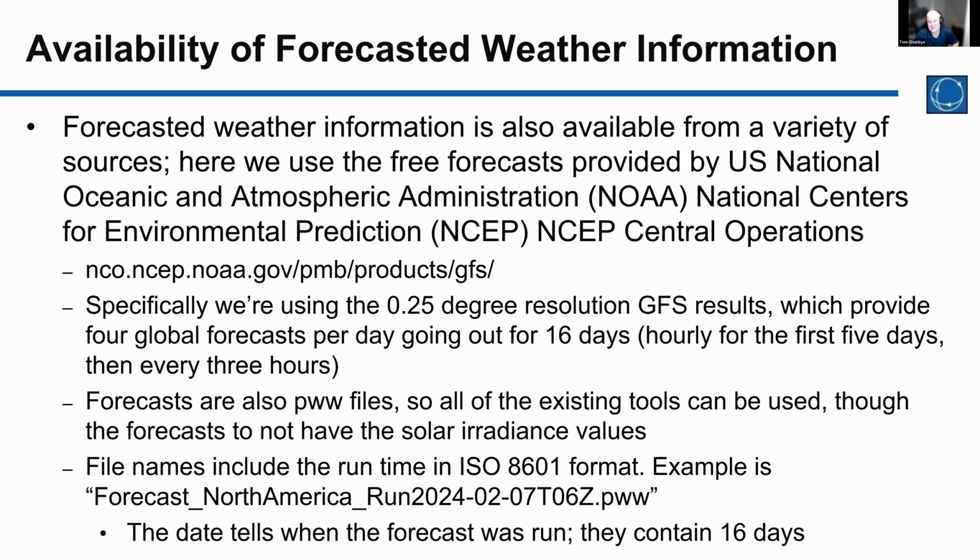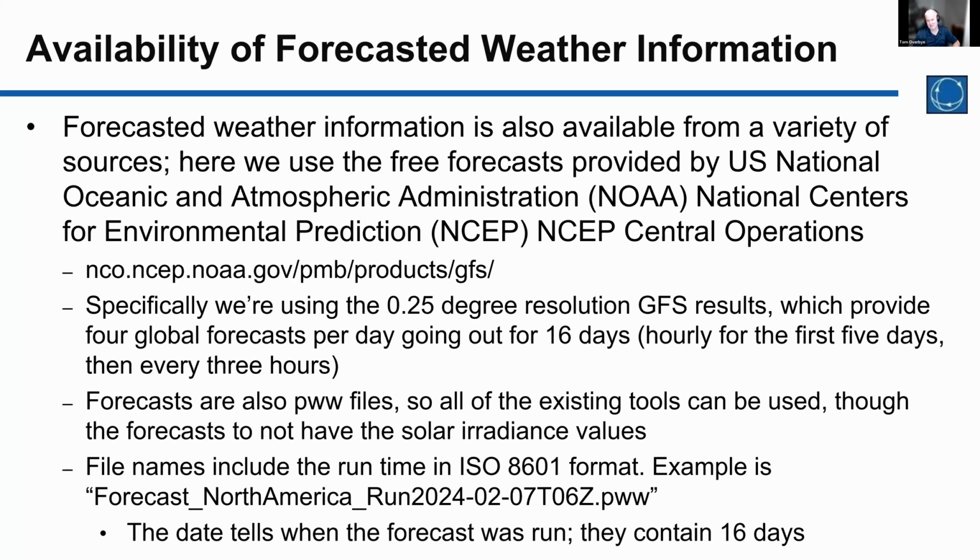The goal is this is now automated in a script. So the goal is, if you go out to the website, you'll have a forecast that was run in the last 6 hours. The bottom here is the format for the files. It says forecast North America run 2024-02-07. What that means is it was run on February 7th.